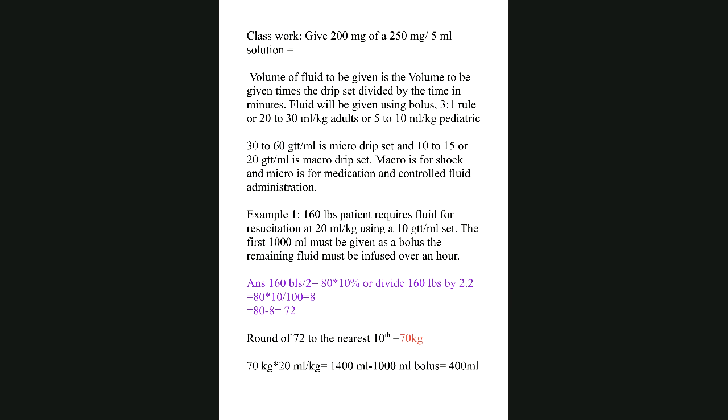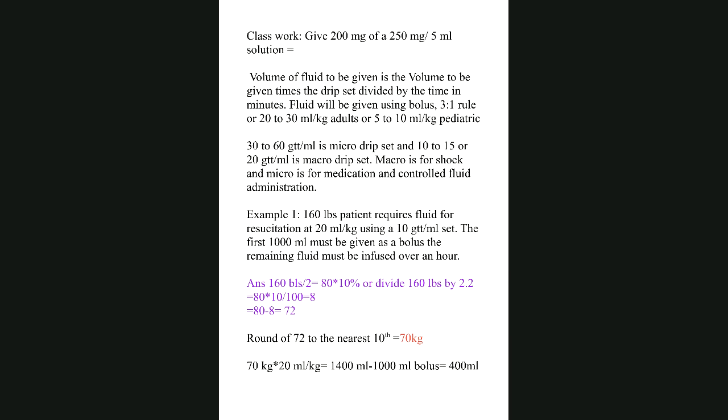So the patient weight in kilograms is 70 kilograms, right? And we need to give 20 mils per kilogram. So that's 70 kilograms times 20 mils per kilogram. Kilogram and kilogram cancel out, so we only have mils remaining. We have 2 zeros, put on the 2 zeros, 2, 7, 14, right?